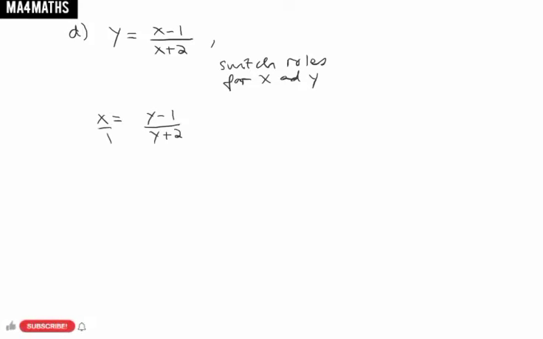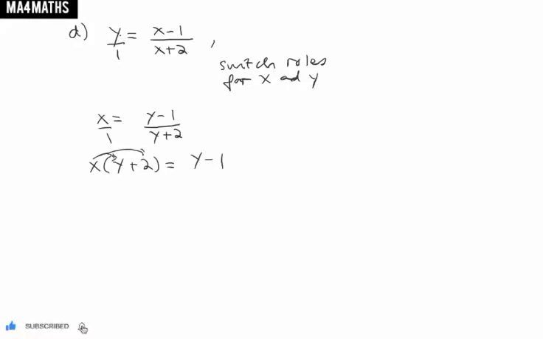Then if you cross multiply, you'll have x times y plus 2 equals y minus 1. Notice, even though they gave us y equals, I wrote it as y over 1. The reason for that is because it's easier to see what you're doing with cross products or cross multiplication.